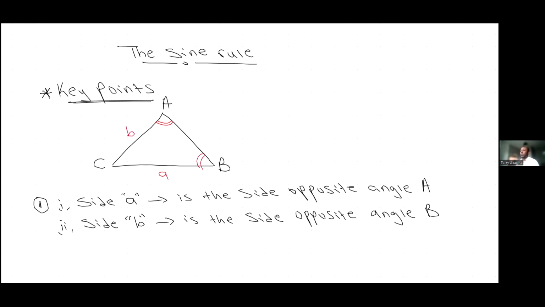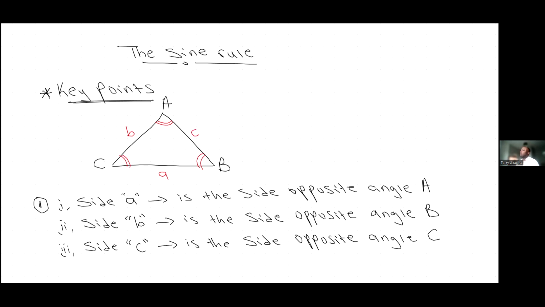Then we have side C, which is the side opposite angle C. So if this is angle C, side C is going to be here. That is the first thing I want you to keep in mind.